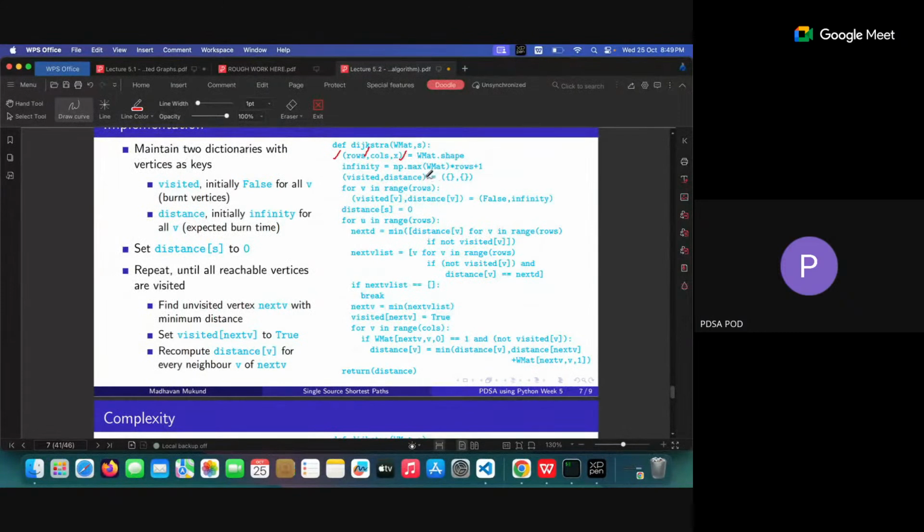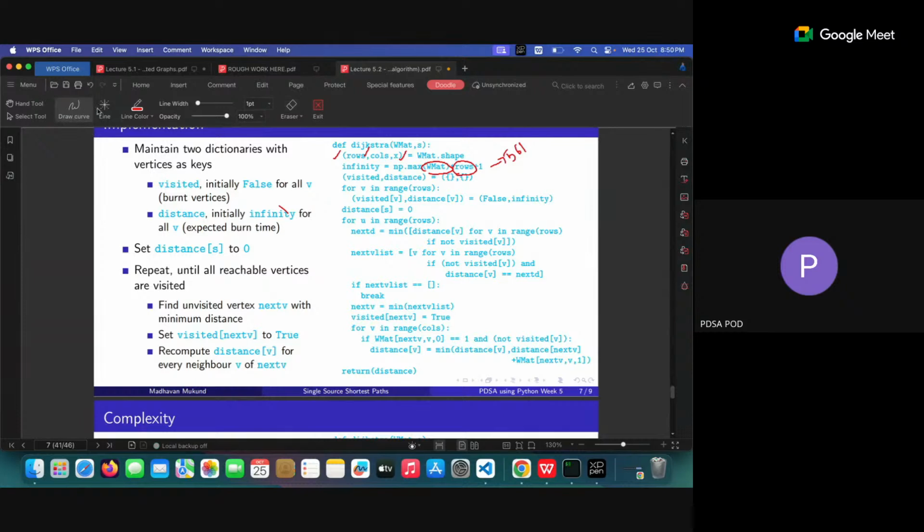So the maximum weight of the matrix is taken and multiplied with the number of rows. The number of rows is nothing but the number of vertices plus 1. So that results in 561, the initial infinite value which is set for all of the vertices as the expected burn time, ET.